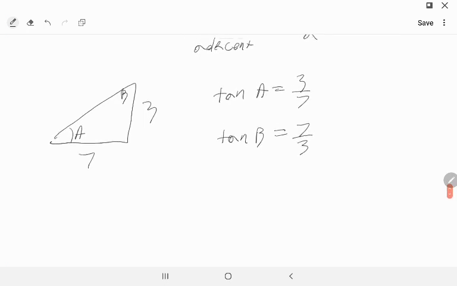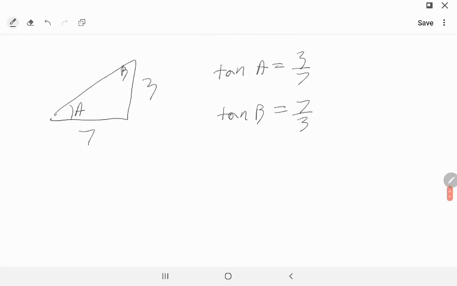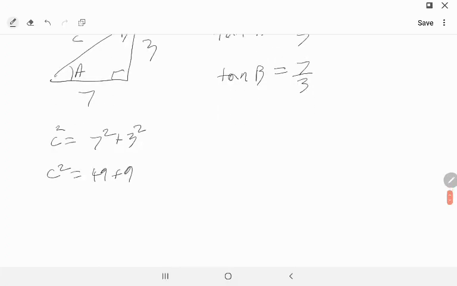If we know what the actual angles were, we could figure out side C if we wanted to. We could get C by saying C squared equals 7 squared plus 3 squared. So C squared equals 49 plus 9, and so C squared equals 58. C would be the square root of 58.